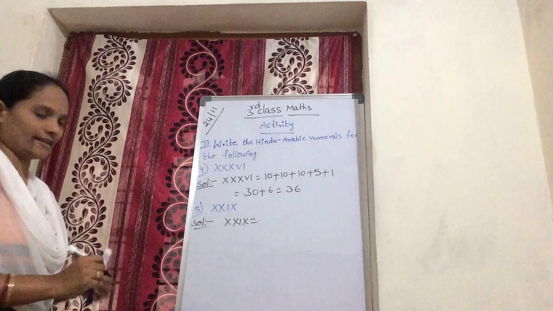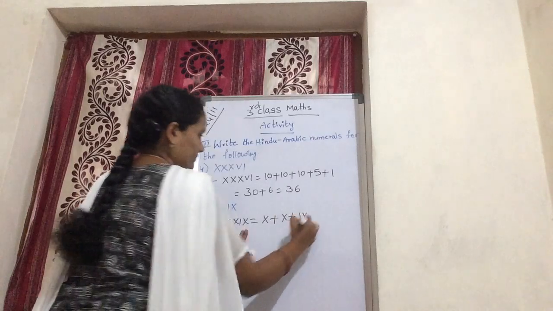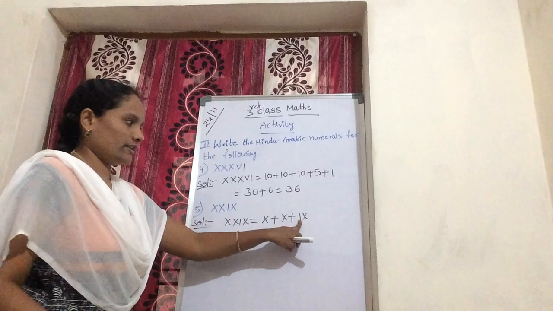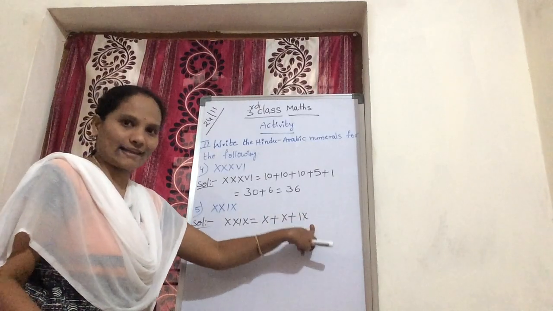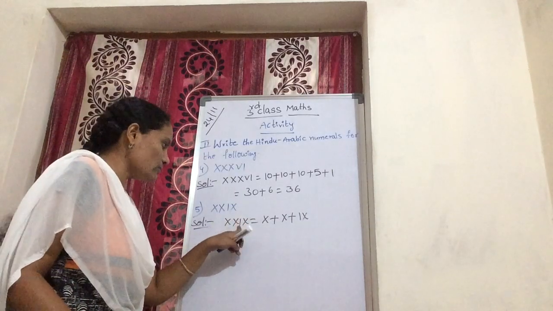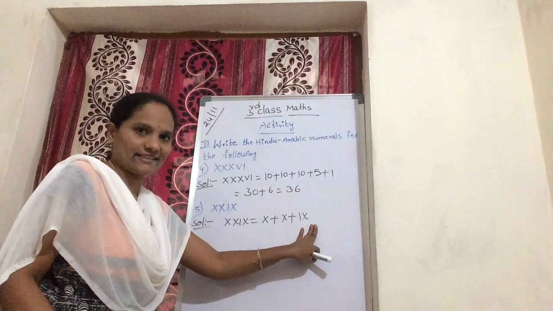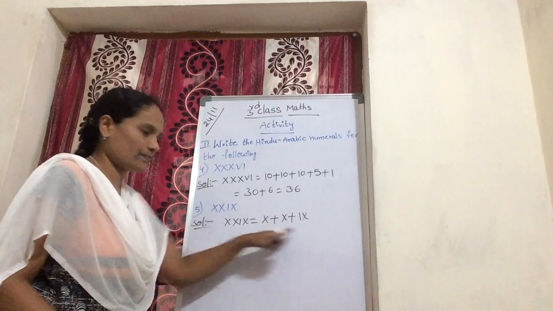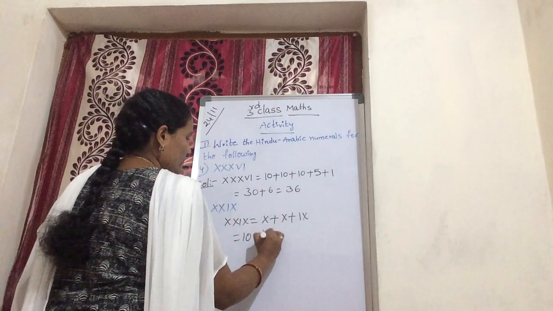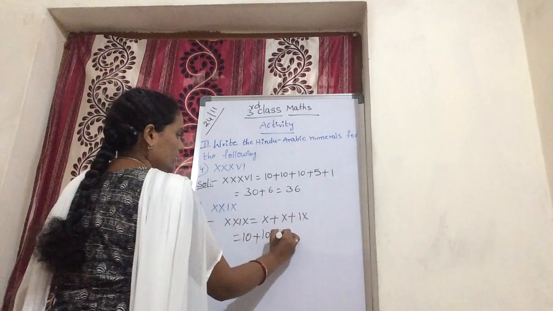XXIX, like this. Now X plus again X plus IX. X plus IX. This IX, don't write I plus X, because small before big is not right here. The big comes before the small, so don't write I plus X, you will write IX. Okay, now tell me, children, X for 10 plus again X for 10 plus IX means 10 minus 1, you get 9.